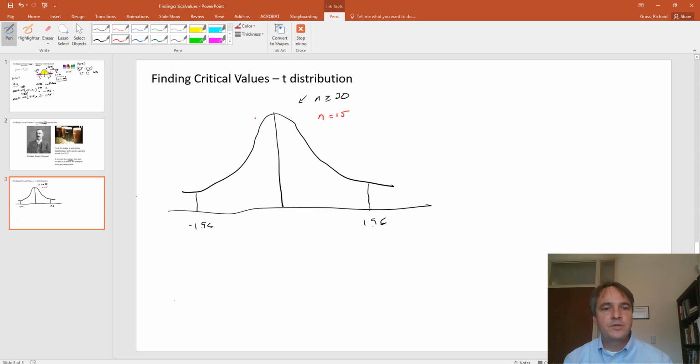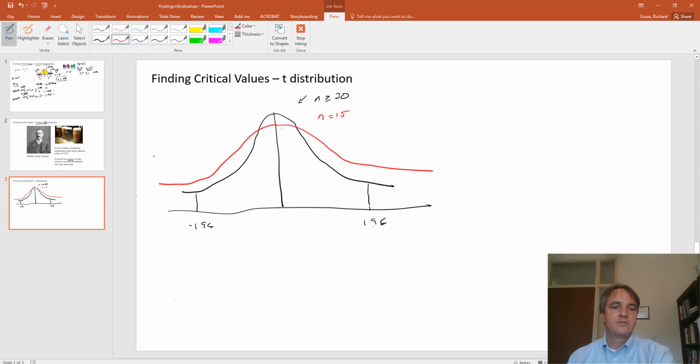Now notice that if we only have 15, we can't be as confident that we're going to have 95% in here. So this distribution is going to look more like this, where it's going to come out like this. We're going to have more that are further out.